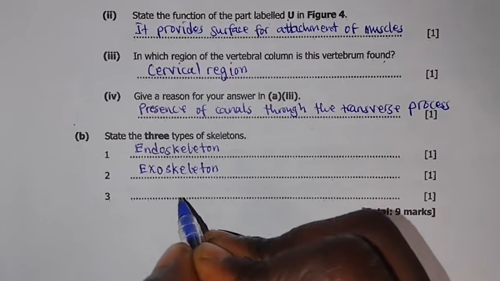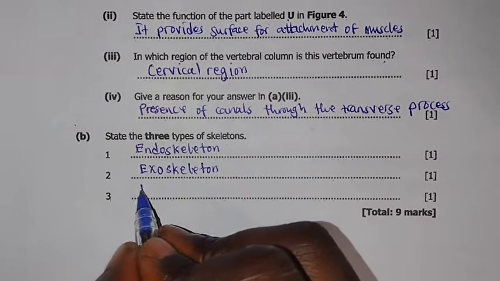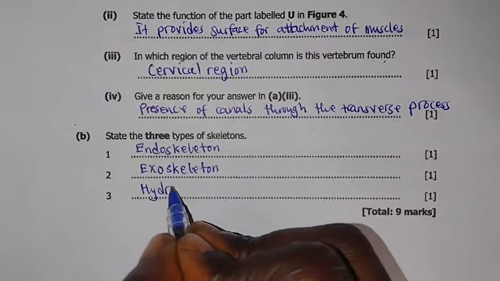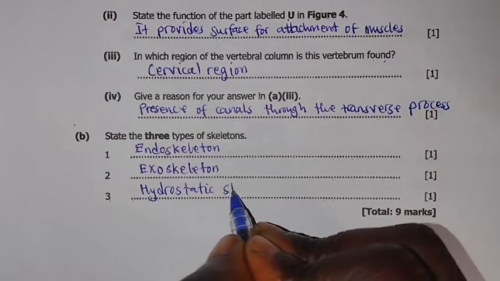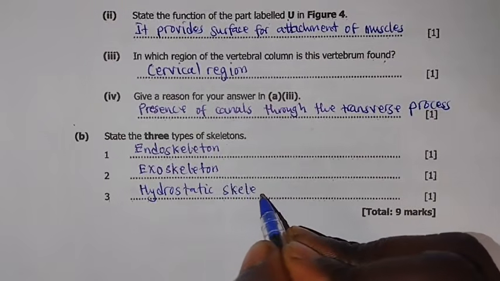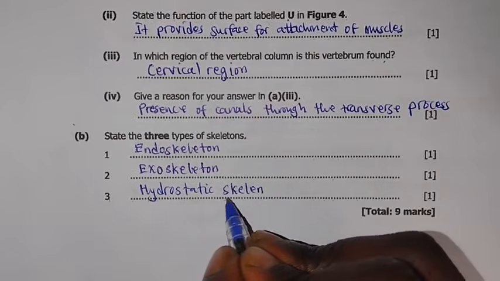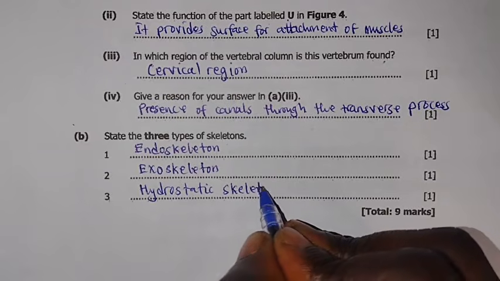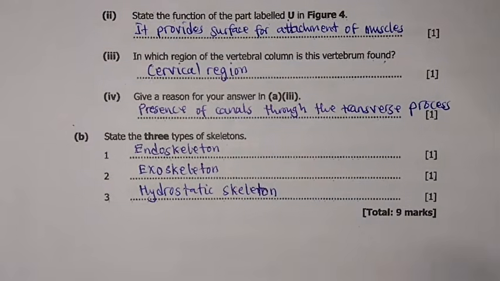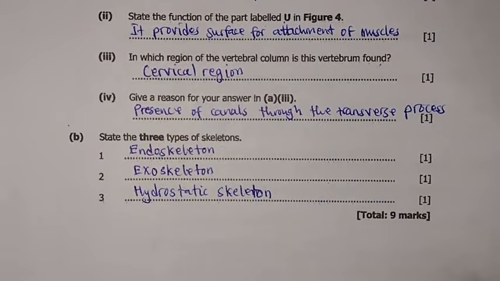Apart from endoskeleton and the exoskeleton, we also have hydrostatic skeleton, which is found in bodily fluid animals. Hydrostatic skeleton, like snails. So these are the 3 main types of skeletons that we have.